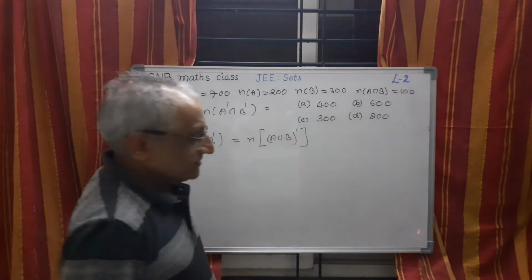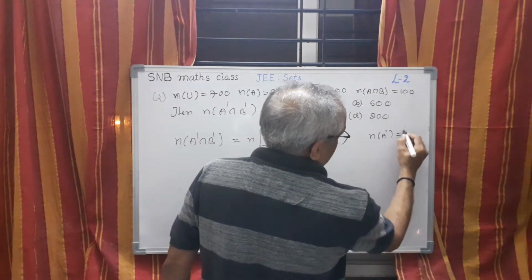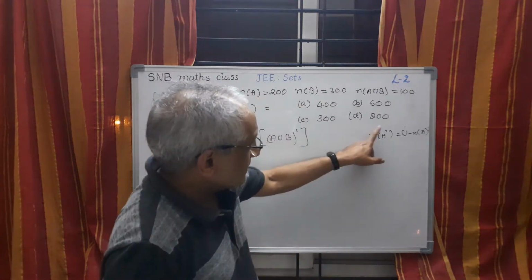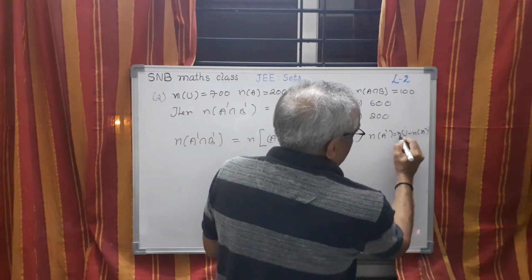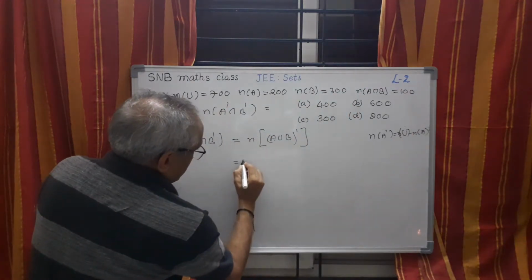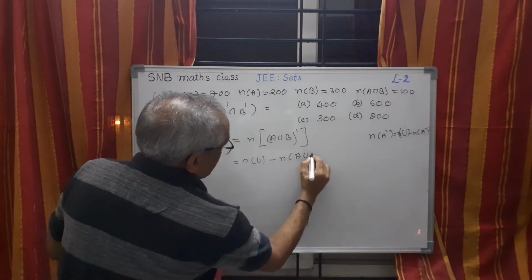And last year you have seen that the number of elements in A complement is the same as the number of elements in U minus the number of elements in A. Therefore, here we can write n(U) minus n(A union B).